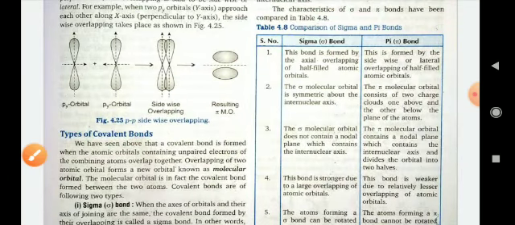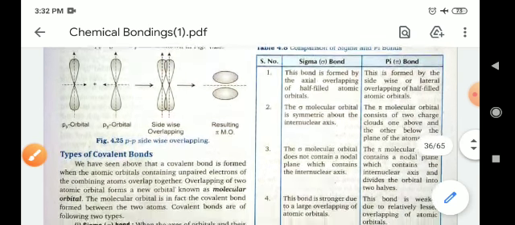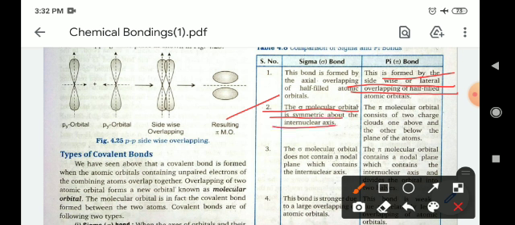Comparison of sigma and pi bonds. The sigma bond is formed by the axial overlapping of half-filled atomic orbitals, but the pi bond is formed by the sidewise or lateral overlapping of half-filled atomic orbitals. Number two, the sigma molecular orbital is symmetric about the internuclear axis.